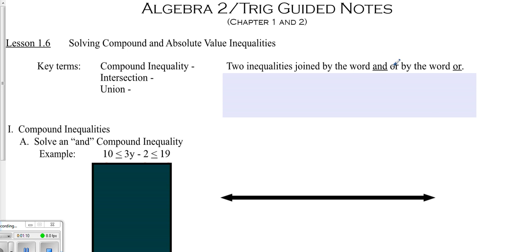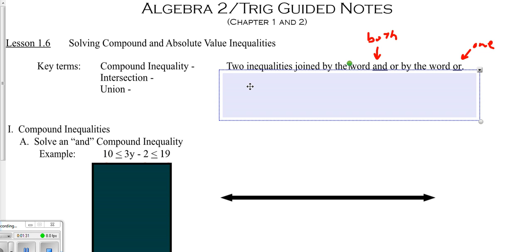So for and, I want you to write both, kind of make a note that this one means both things. This one just means one of those things has to be true. Okay, so the overall term is called compound inequality.